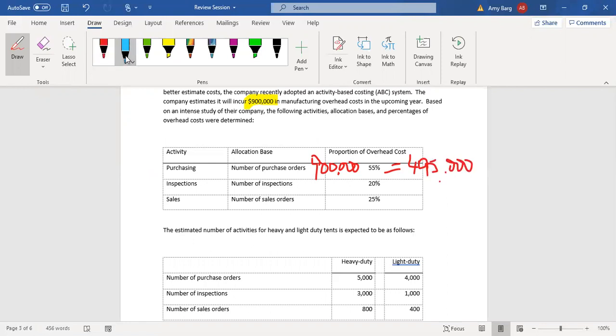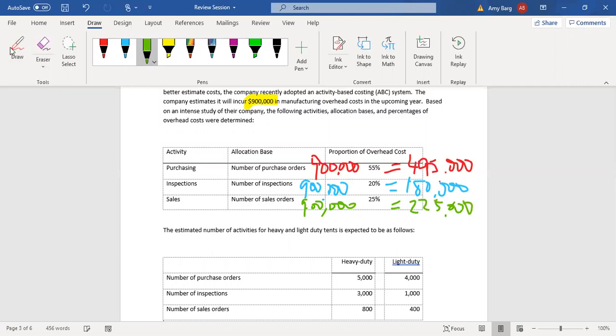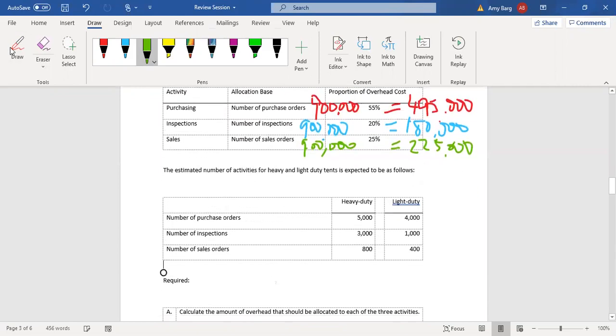And then we can multiply that same 900,000 by 20%, and that'll give us 180,000. And then we take that same 900,000, multiply it by 25%, and that is 225,000. So that's all that A wants to know.